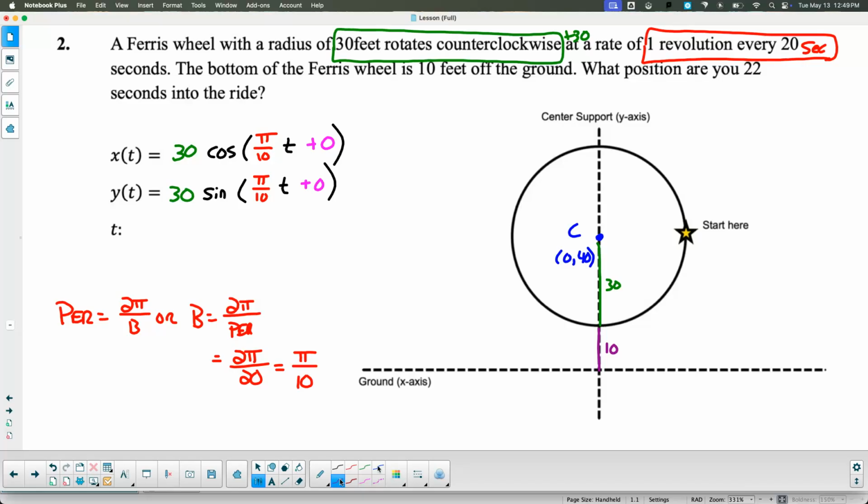So that means that I have to add into my y value a plus 40.